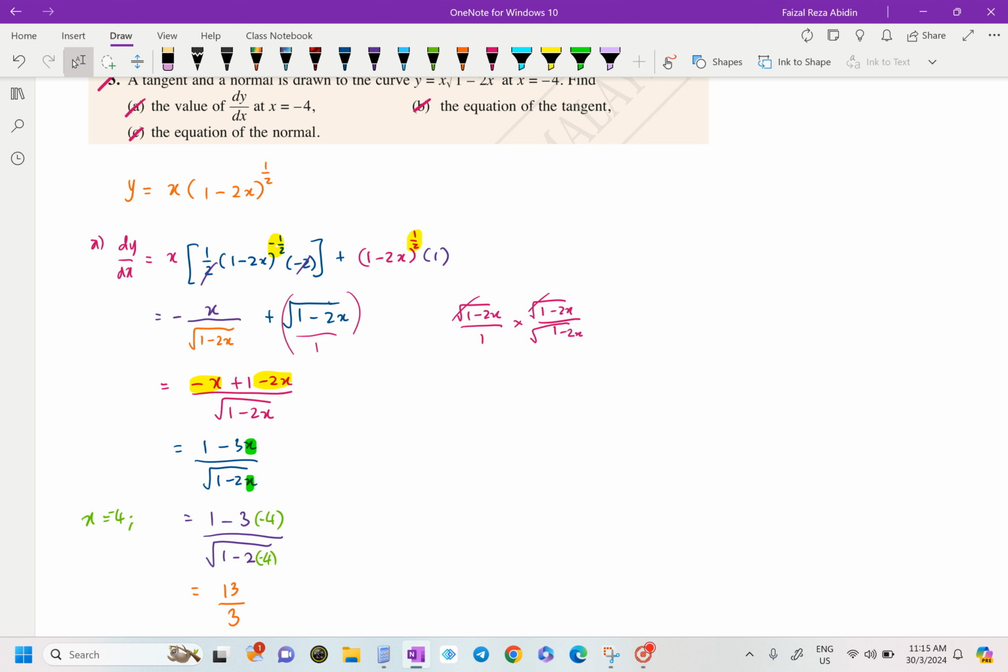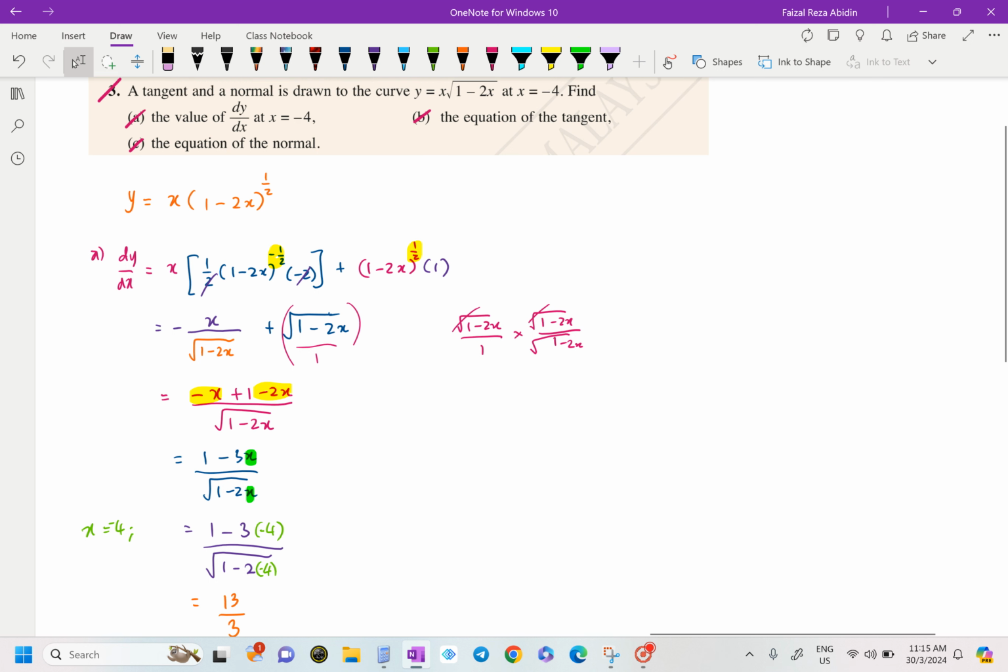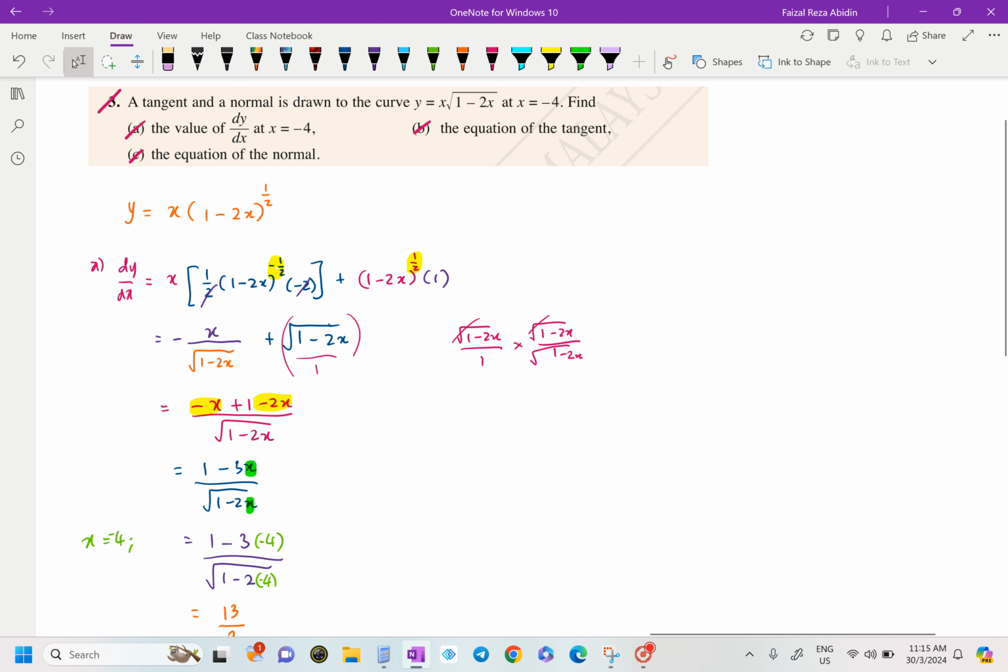Then it's asking us to find the equation of the tangent. Just now, we had the value of x equals negative 4, so now I'm going to get my value of y.